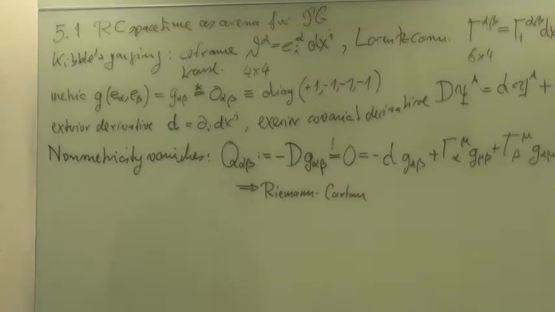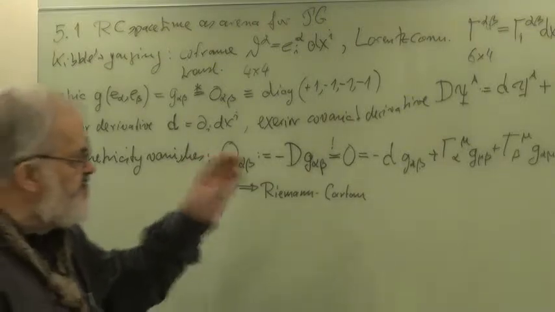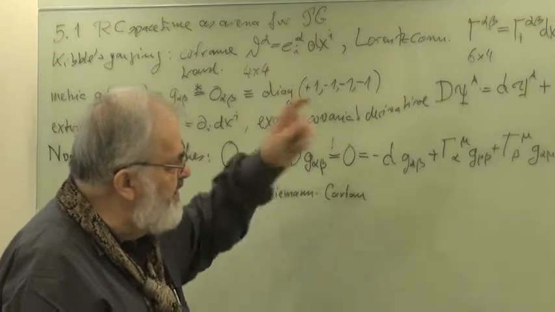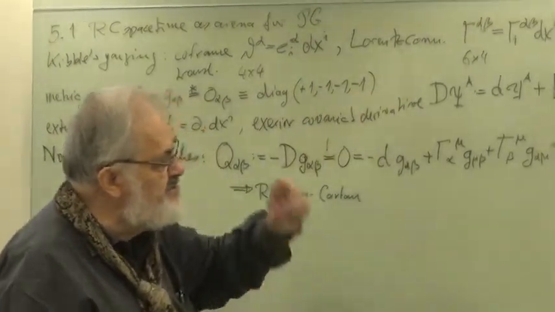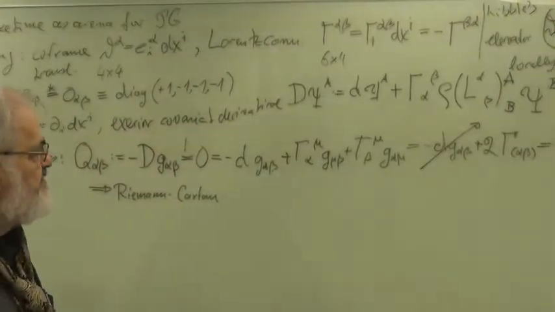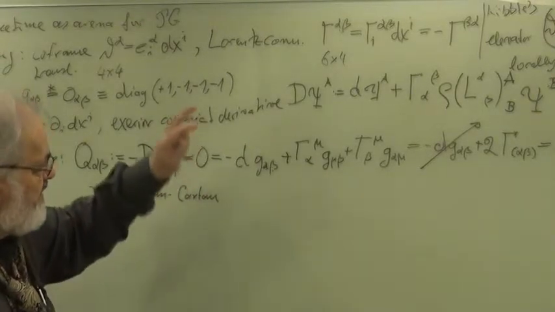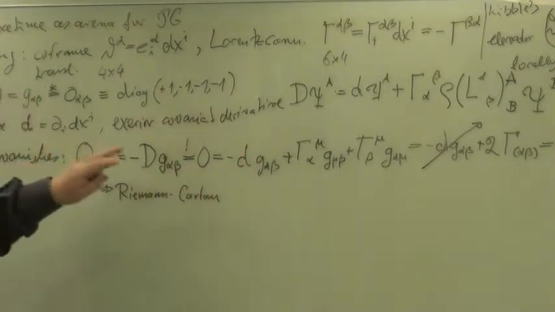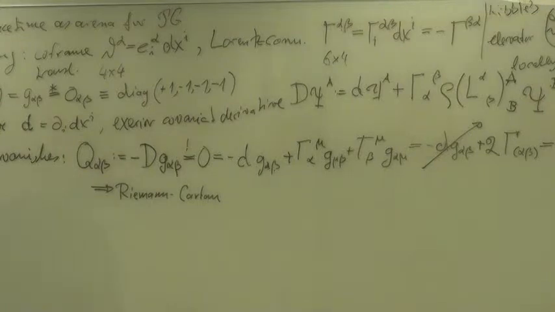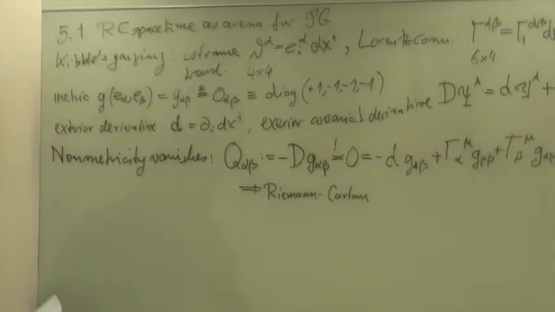The Lorentz connection is independent, but the linear connection gamma is of course a more general object, and the Lorentz connection is just the antisymmetric piece of this connection, and the particular one which resides in a Riemann-Cartan space. So a Riemann-Cartan space is characterized by this vanishing non-metricity.